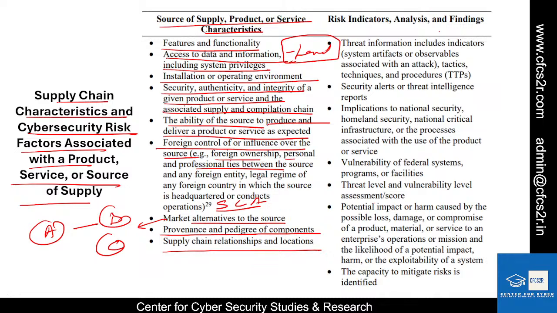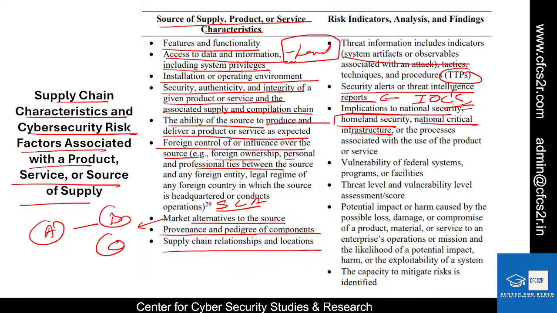What are the risks to all this? The TTPs are the risk. The adversary will have certain techniques and procedures, and sometimes we have orchestrated attacks, so we need to take care of that also. And security alerts or threat intelligence reports. So you must always take care of these things. That is, what are the IOCs that you are receiving, and implications to national security, homeland security, national critical infrastructure.